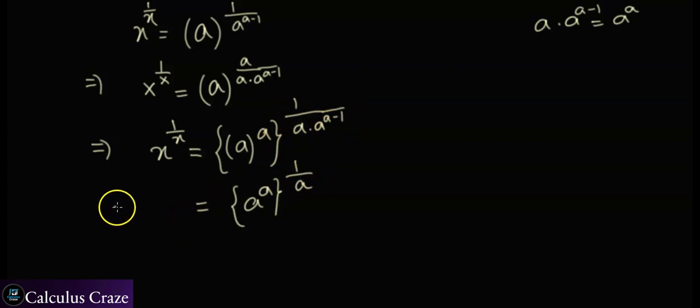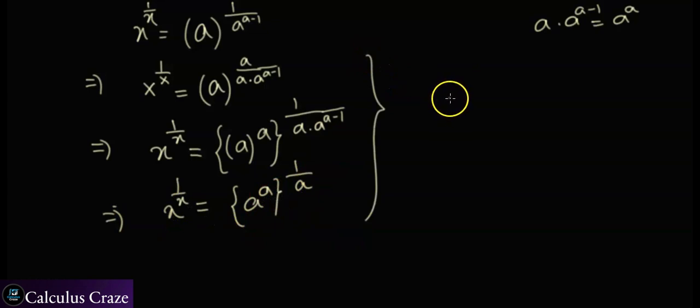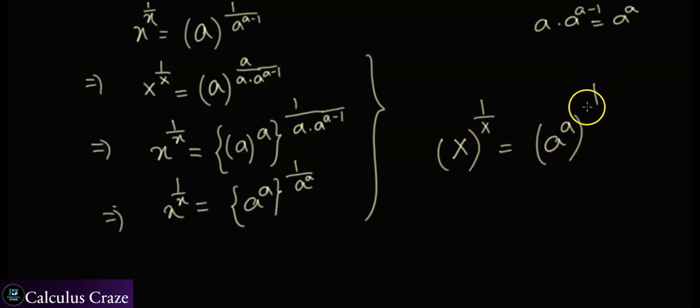So then I can write this as x raised to the power 1 over x. This should be a to the power a, and here we will have a to the power a. Now you can compare them. So we have got x raised to the power 1 over x equal to a raised to the power a, whole power 1 over a raised to the power a.